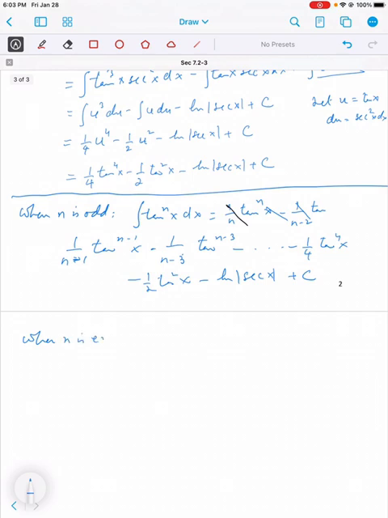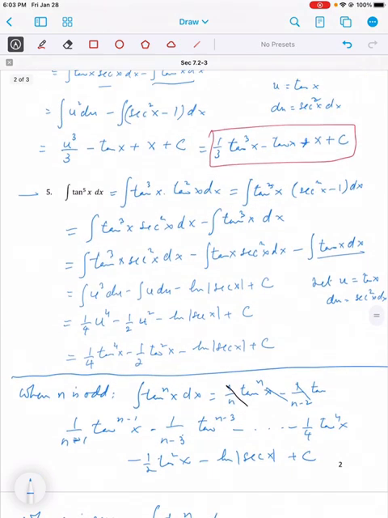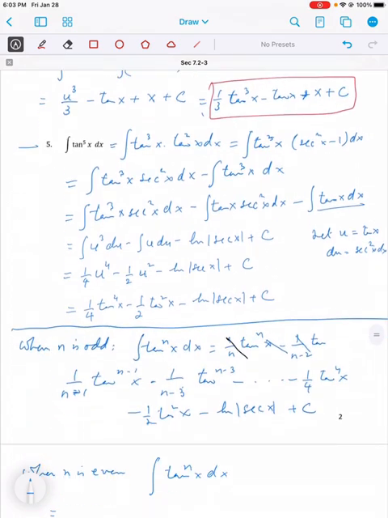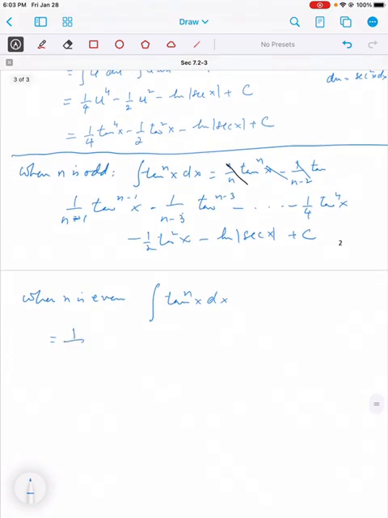When n was even, we had n equal to 4, but you see the first term is 1 over 3, which means again we get 1 over n minus 1, minus 1 over n minus 3, minus dot dot dot, minus 1 over 3 tangent 3x, minus 1 over 1 tangent x, and then we are going to get plus x plus c.